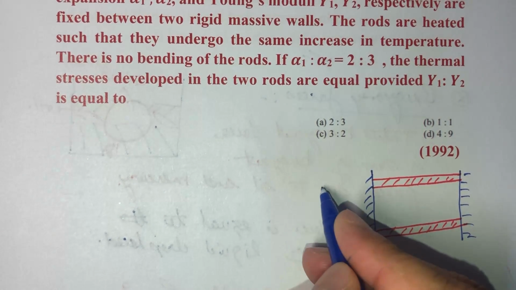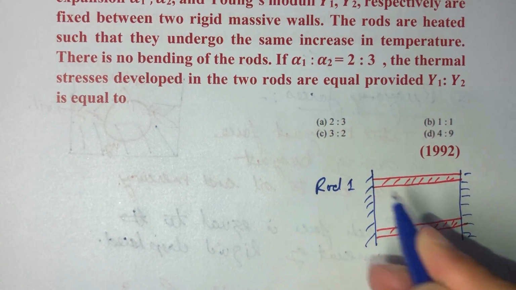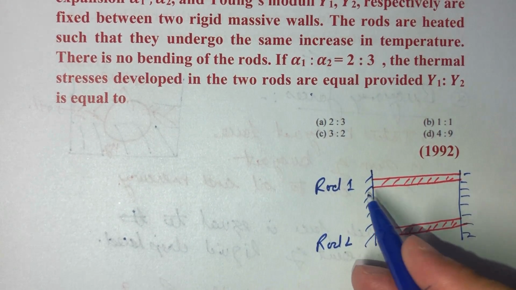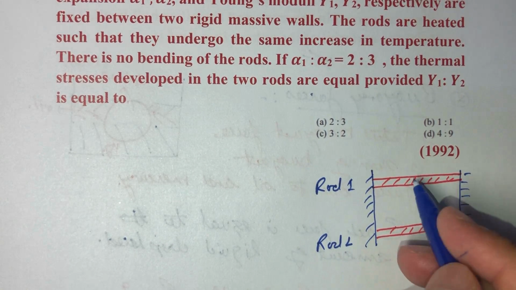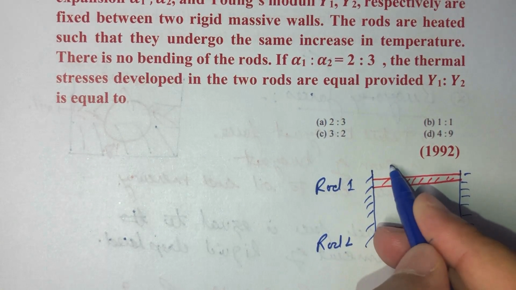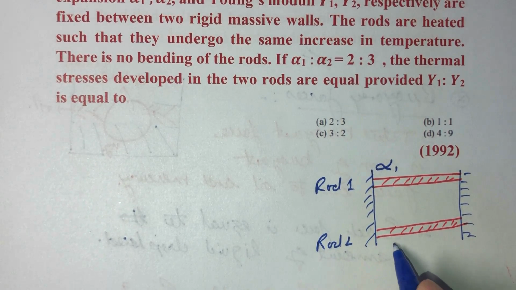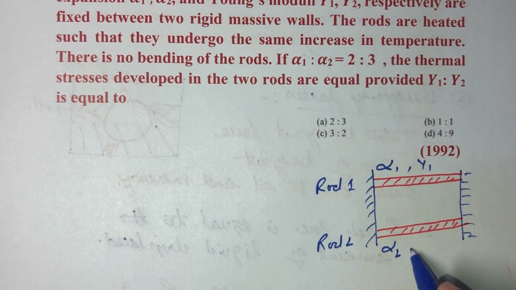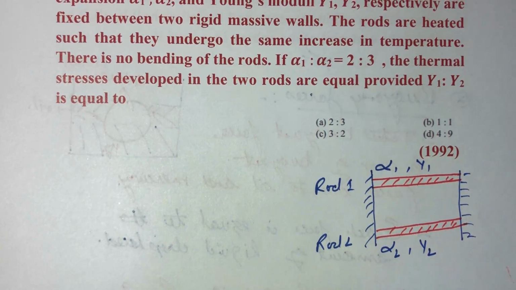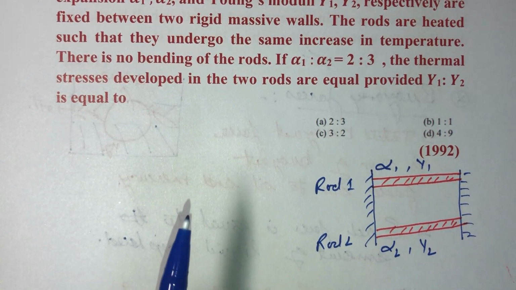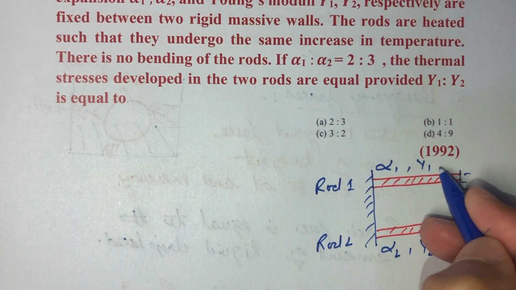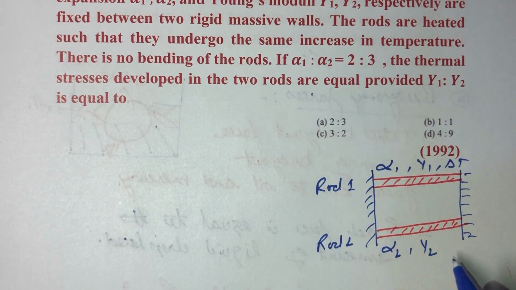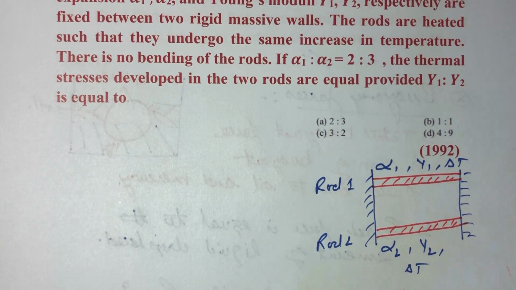Rod 1 is having expansion of alpha 1. Rod 2 is having expansion of alpha 2, and Young's modulus y1, Young's modulus y2, and this says that they undergo the same increase in temperature. So if the increase in temperature is given by delta T, here it will be also delta T and here it will be also delta T.